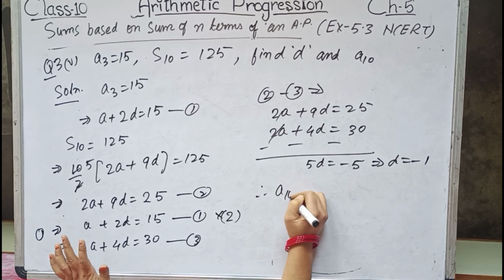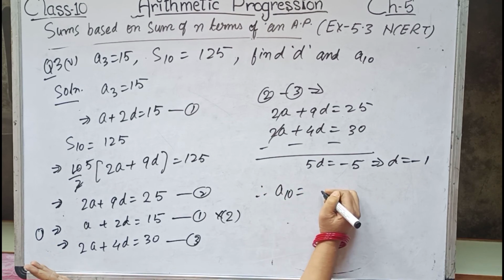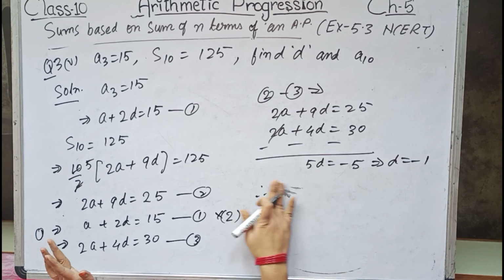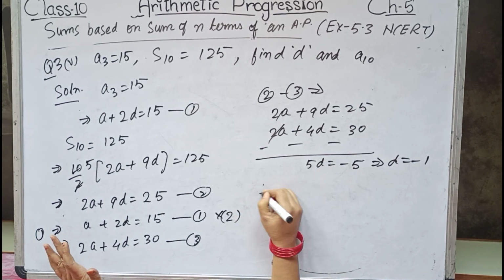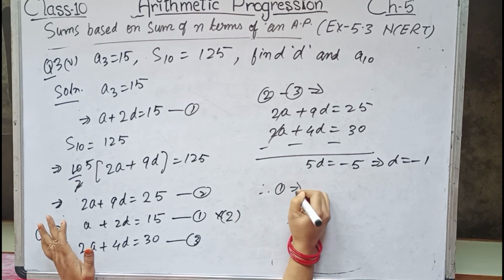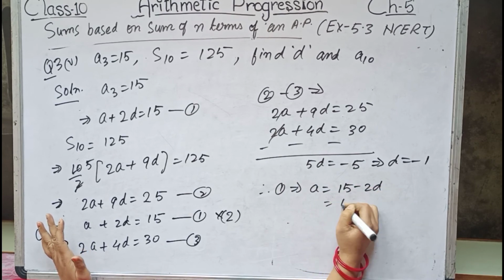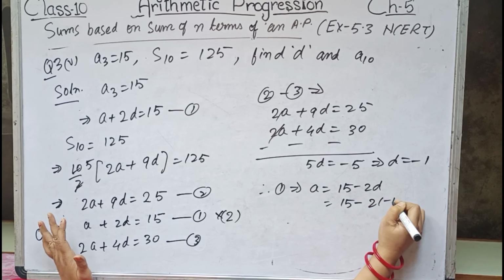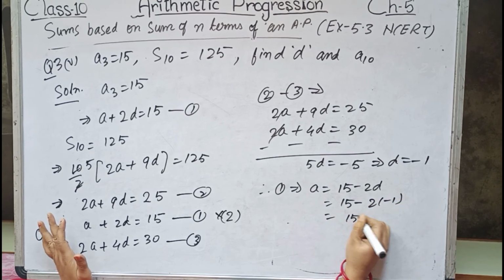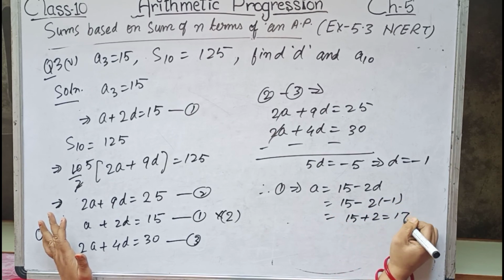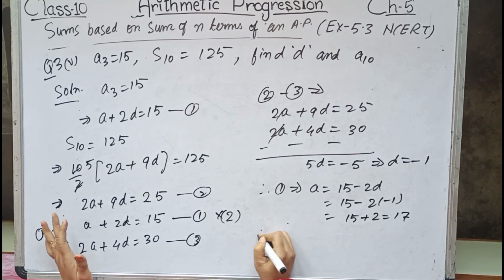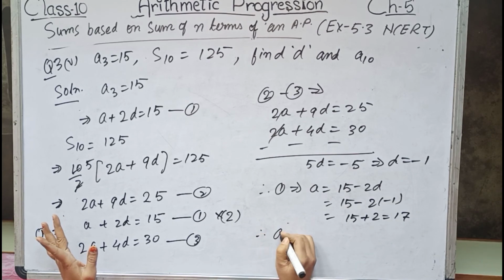Therefore A10, the A value we are knowing? No. So first we have to get the value of A. So therefore from 1, A equals 15 minus 2D equals 15 minus 2 into minus 1 equals 15 plus 2 equals 17. Therefore what we have to find? A10.